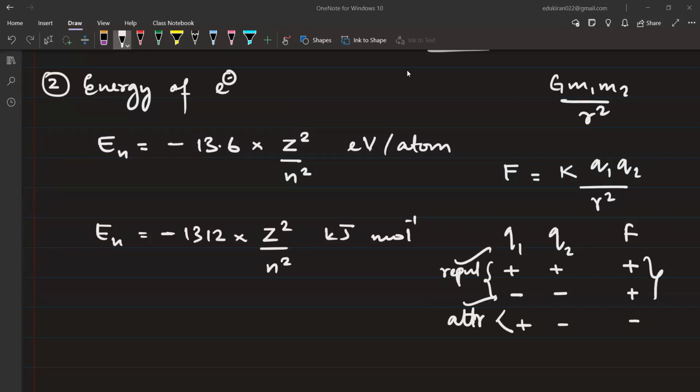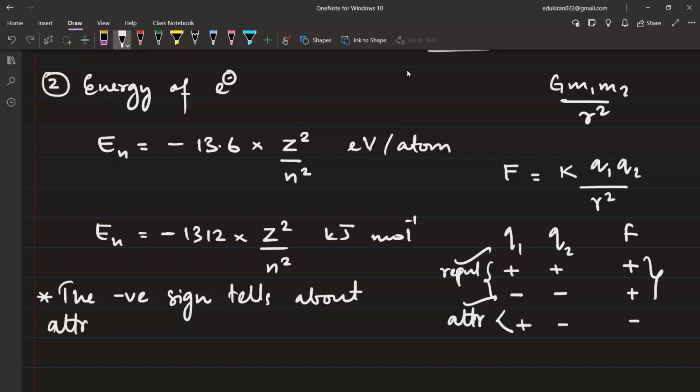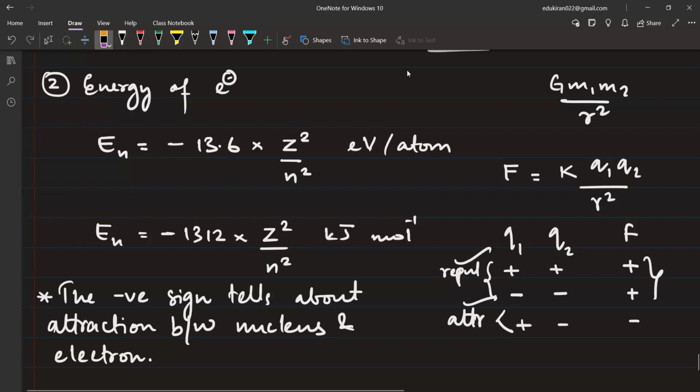And similarly here also, the energies with a negative sign, please write, the negative sign tells about attraction between the nucleus and electron. Got this, guys?